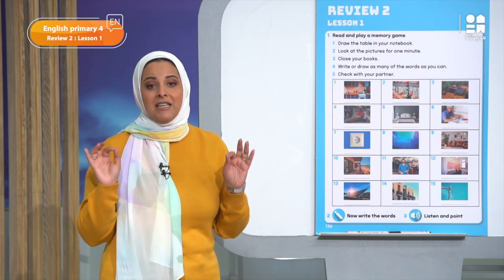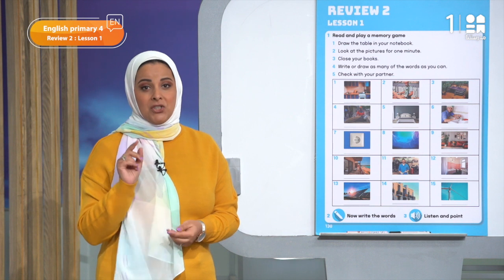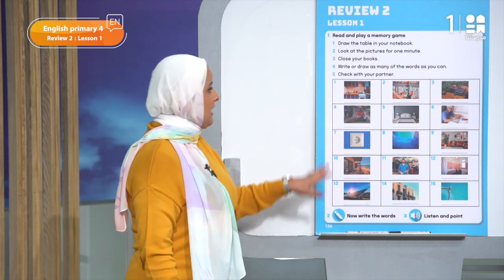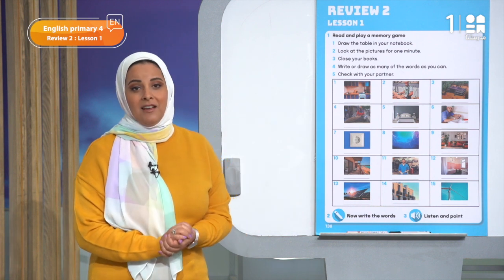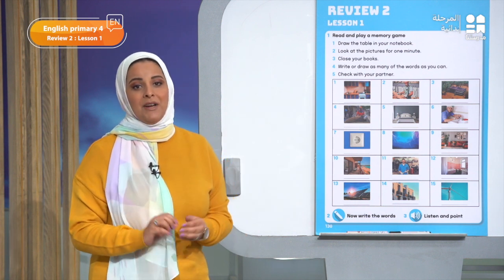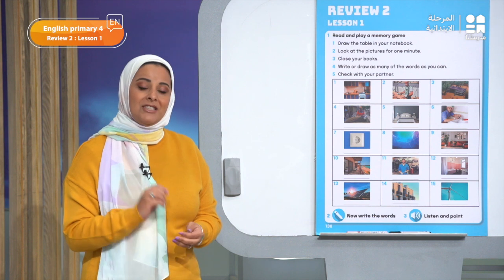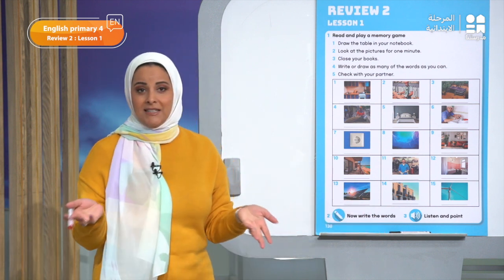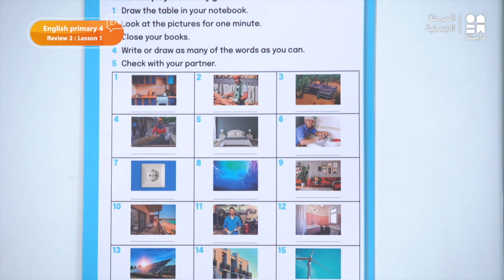You are really super. Now in exercise number 2, we are going to look again at the table and we are going to write under each picture the correct word. So let's do it together. Number 1, what is it? It's a kitchen. Very good. So let's write together the word kitchen.